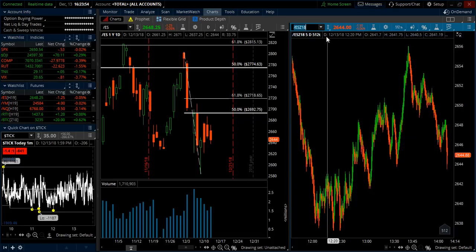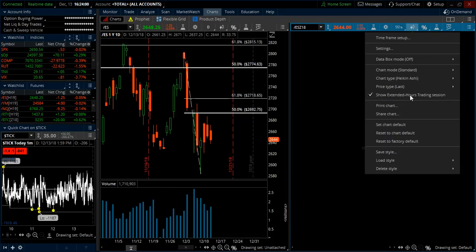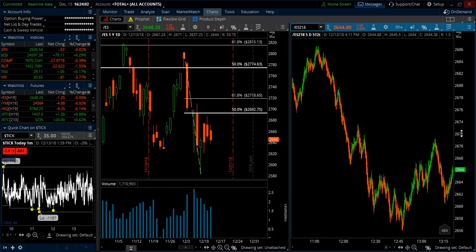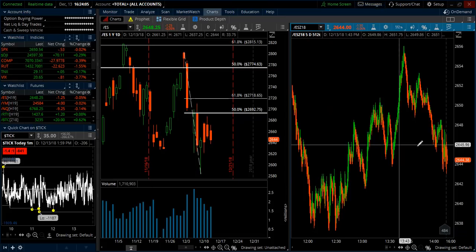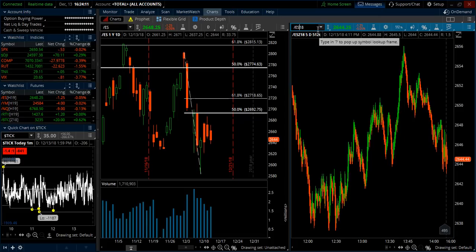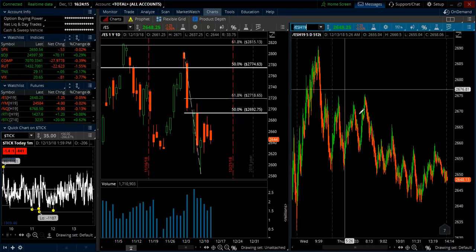So ESZ18 gives us, let me put on the 24 hours, the current price, 26.44, and this is an odd number because it's on a tick chart here. If I change this to H19, you can see they differ, 48.13.